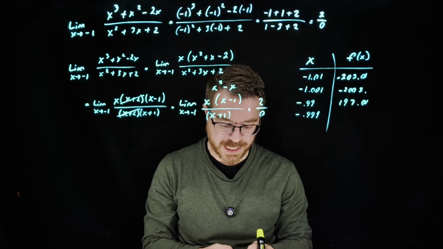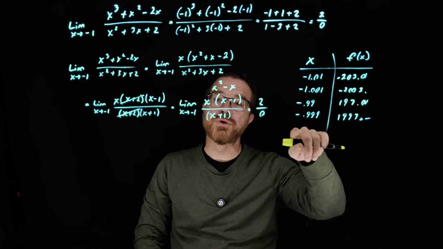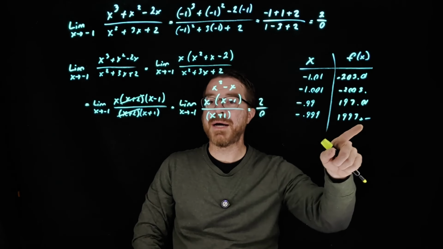So I'm going to get 1,997 point something. Okay, so now based on this, I can see the behavior as I approach negative 1 from the left and from the right. As I approach from the left, it's going down. It's getting bigger and bigger in the negative direction, meaning that if I'm approaching from the left, I'm going to approach negative infinity. If I'm approaching from the right, I'm going to approach positive infinity.